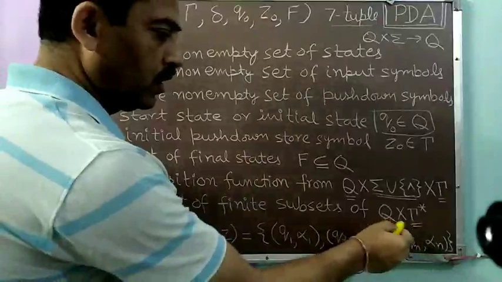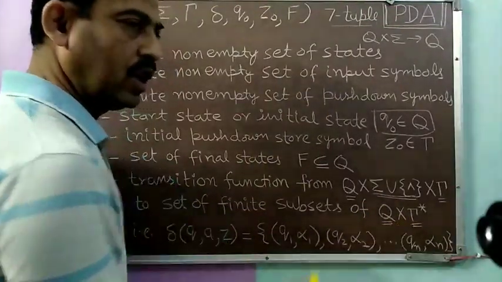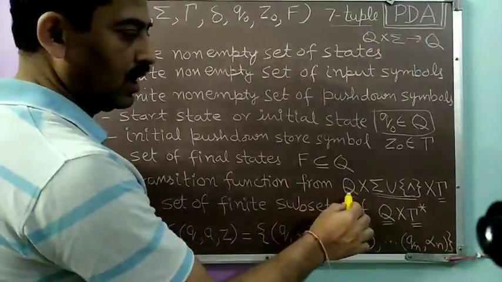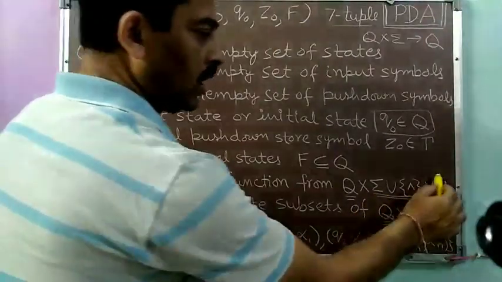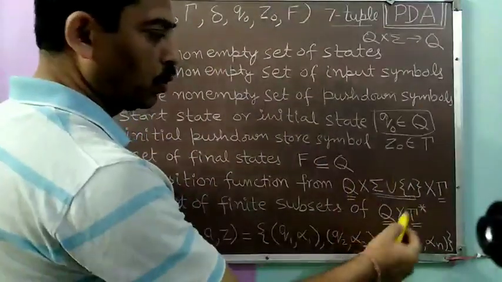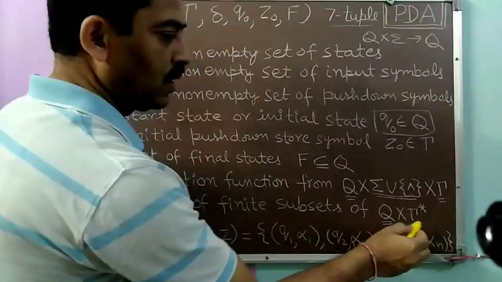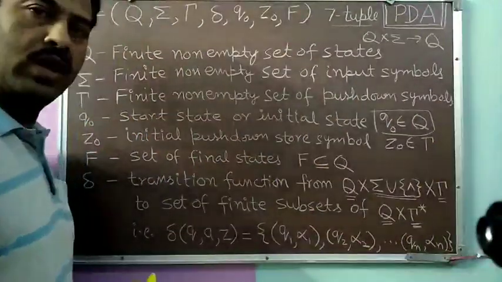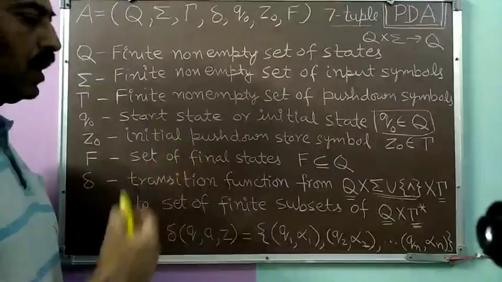The output of this transition function will be a state and a string which we will be writing over the push down store. So the inputs are the current state, what symbol we are reading or the null move, and what symbol is on the top of the push down store, and the output will be the next state we will be moving to, and then the push down store symbols that we will be pushing over the push down store. This kind of transition function we will be having for PDA.